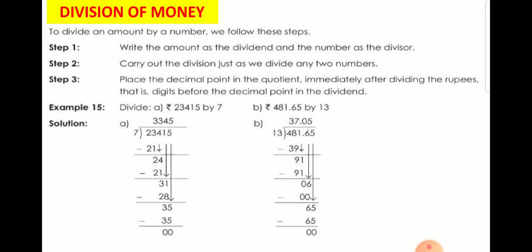Students, as we discussed in step 3, when you have divided all the digits before the decimal, or you have divided the rupees part, immediately you will put the decimal in the quotient. As soon as you divide the rupees part of your dividend, you will put the decimal in your quotient.